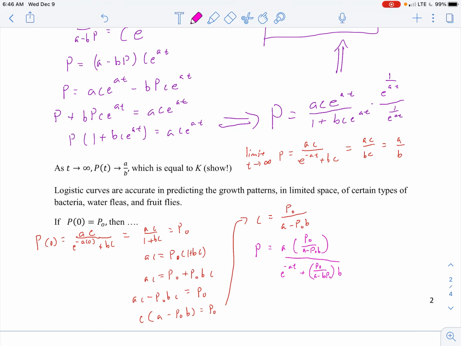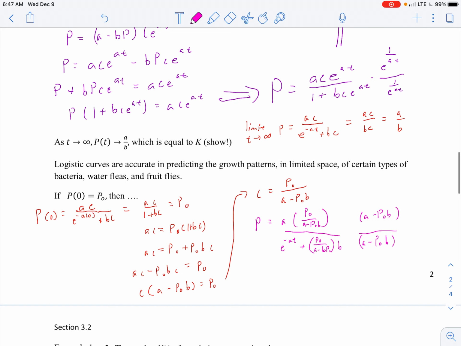All right, so now what we can do is get rid of everything by multiplying by A minus P sub 0 B on the top and A minus P sub 0 B on the bottom.